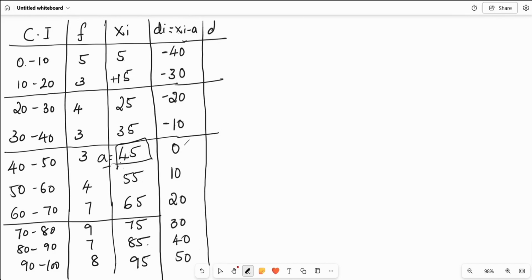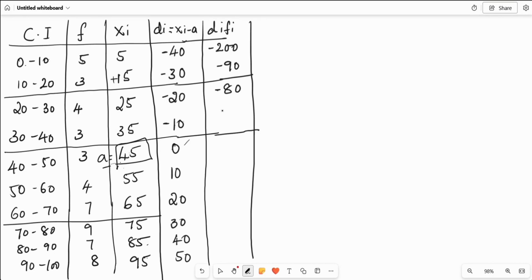Next is Di into Fi. Earlier what we used to do was Fi into Xi, no? Now we are doing Di into Fi. Here the Di value is less when compared to this, right? It will be easier to multiply. Di into Fi will be how much? 5 into 40, so it is minus 200. Then 3 3s are 9, minus 90. Here minus 20 into 4, minus 80.